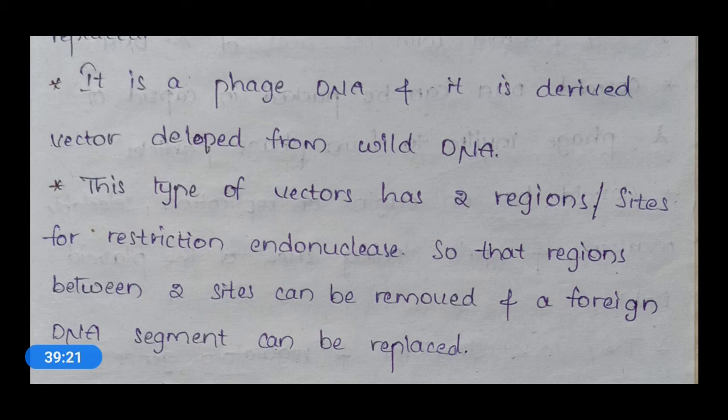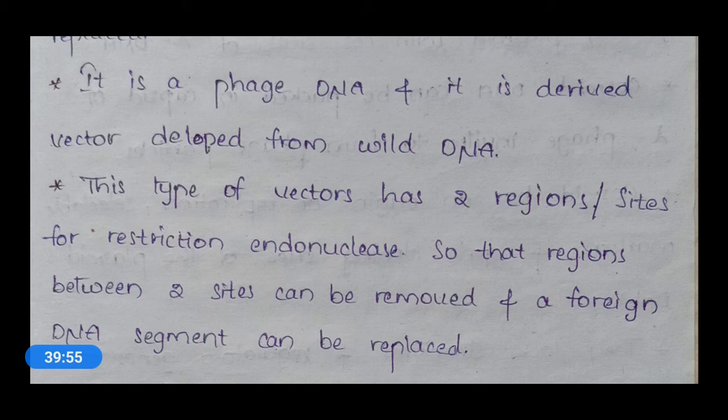Why is this replacement vector having two regions for restriction endonucleases? One site for the removal of the phage DNA and one for the addition of the foreign DNA segment, or sorry, here we should use the word replacement. Why? Because we are replacing that particular phage DNA fragment with a foreign DNA segment.